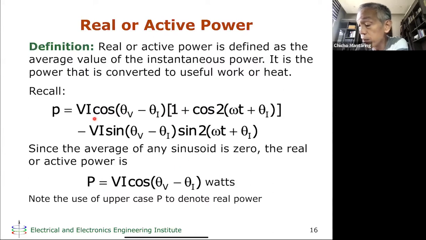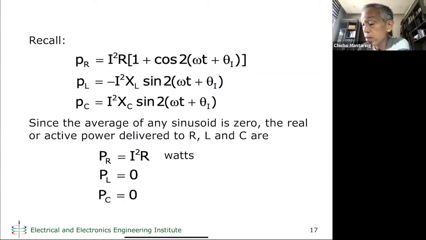So the real power delivered to a resistor is I squared R. There is no real power delivered to an inductance and to a capacitance. In other words, theoretically, a capacitor and an inductor are not capable of doing work. It's only your resistor that's capable of doing work, theoretically. We're talking about the passive component.